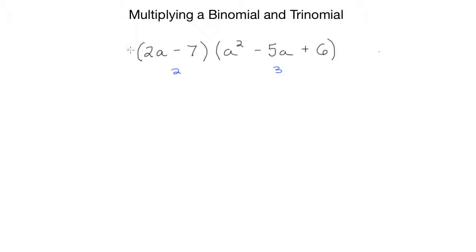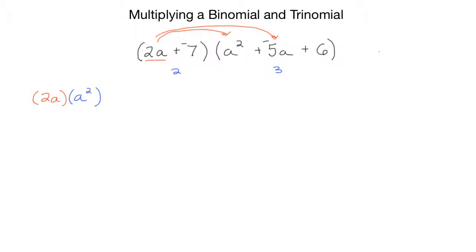All right, let's start with the 2a. This 2a needs to multiply each of the 3 terms in the other polynomial. So we're going to have 2a times a squared. So I'm going to write that out here. 2a is going to multiply by a squared. All right, next that 2a is going to multiply by the negative 5a. So we've got plus. This time I'm going to go ahead and change everything from minus to plus negative, because sometimes that helps just keep better track of it all.